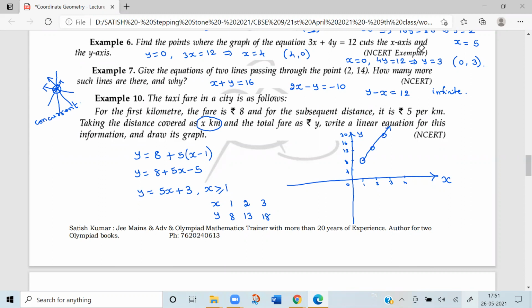Now, scale on the x-axis: 1 centimeter equal to 1 unit. On the y-axis, 1 centimeter equal to how many units? 4 units.